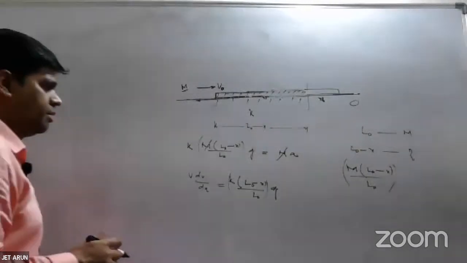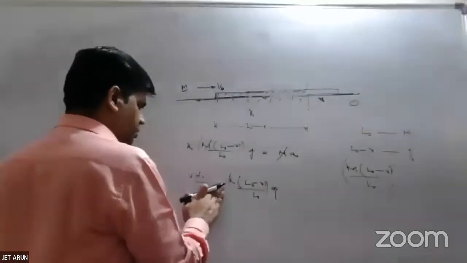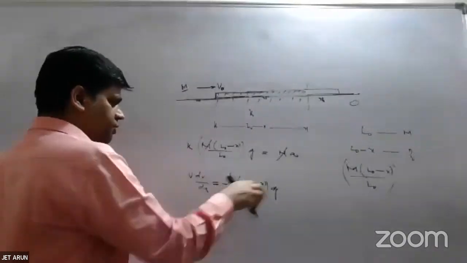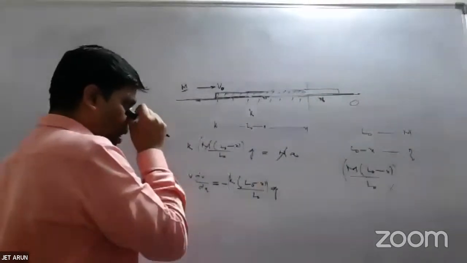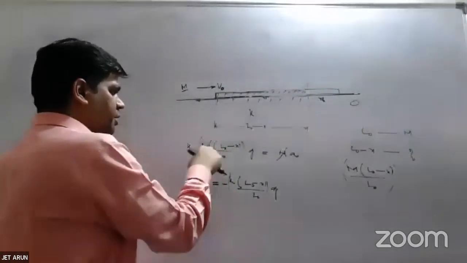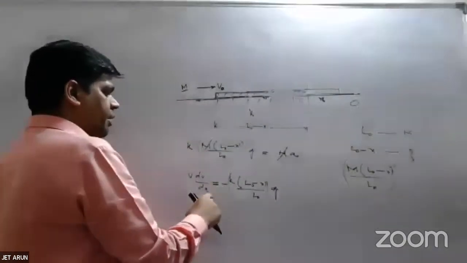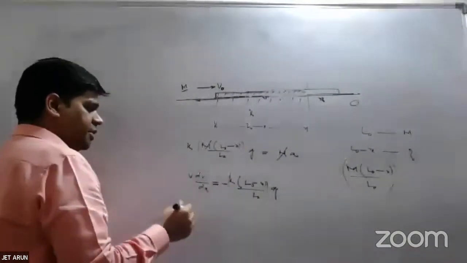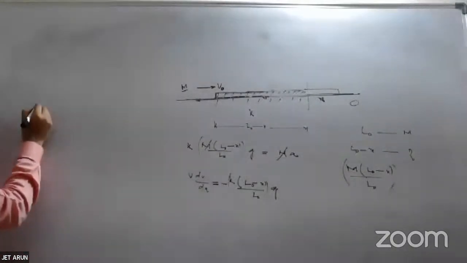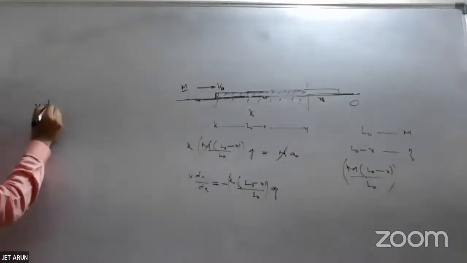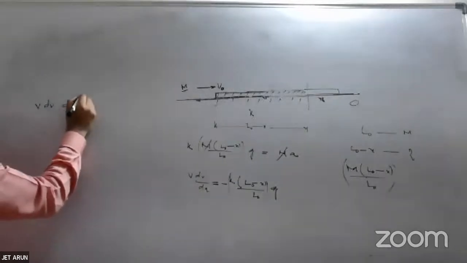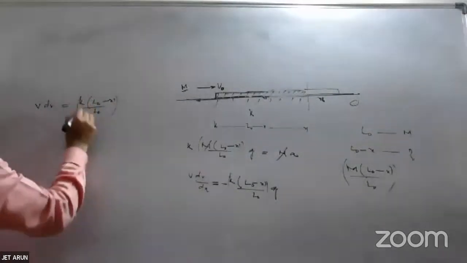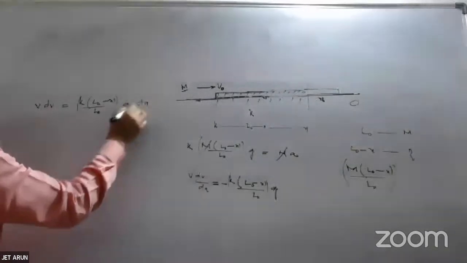Okay, again. I got acceleration is equal to negative of this one. Right, I got the magnitude from here. And so A is equal to negative of this one because velocity is towards right, acceleration is towards left, it's retardation. So I'll write v dv is equal to mu times L naught minus x by L naught into g dx.